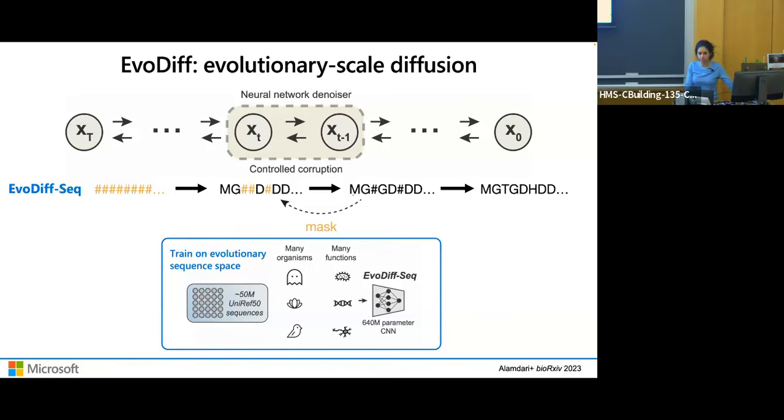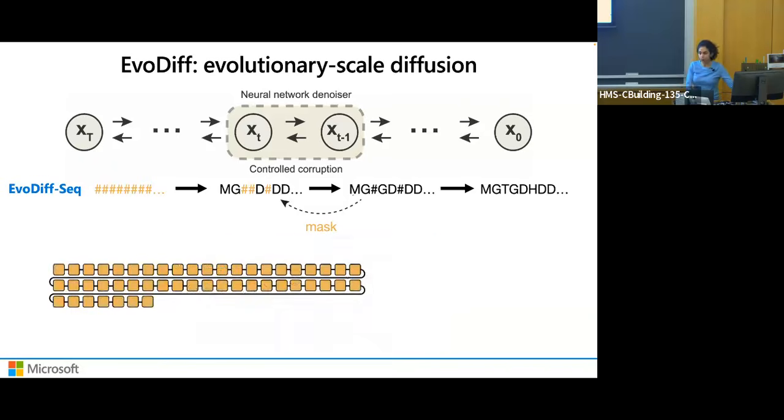Now to transition to thinking more about the results, in terms of the generations from this model and how we are able to evaluate it, to really contextualize and show concretely how this generation process works. In this masking strategy, we can start from a sequence of defined length, all masked tokens. And what the EvoDiff model does at inference time is stepwise undo this corruption, starting from all mask.